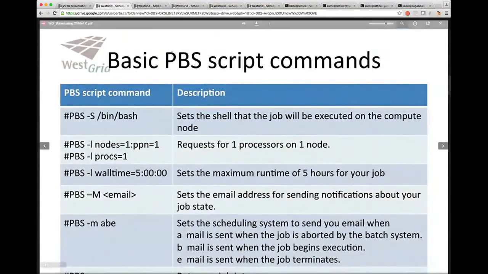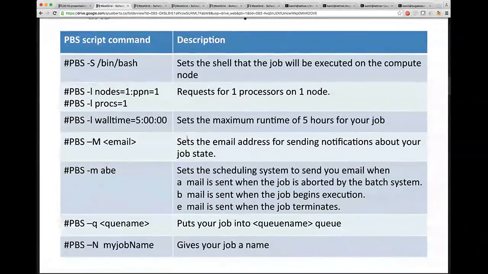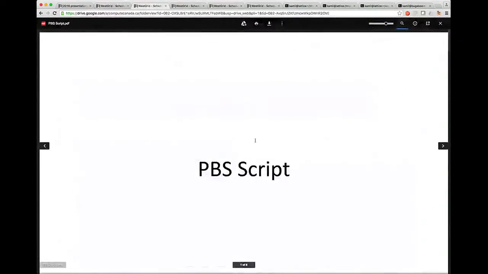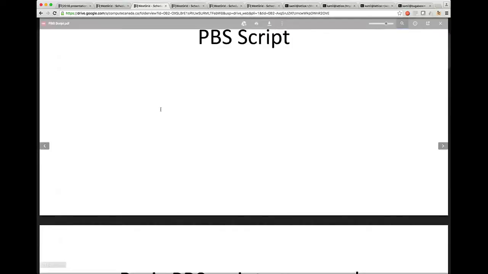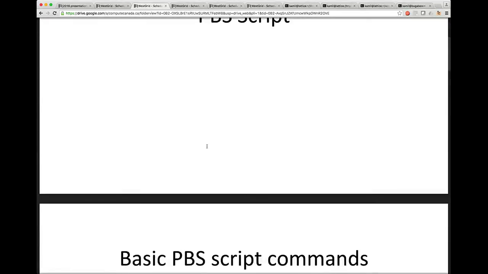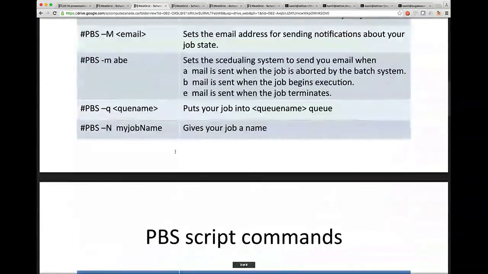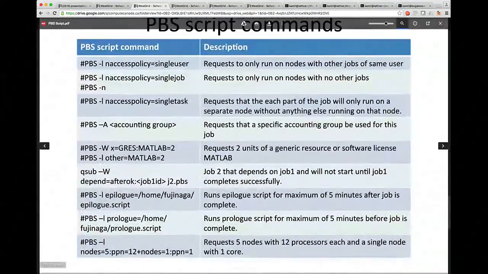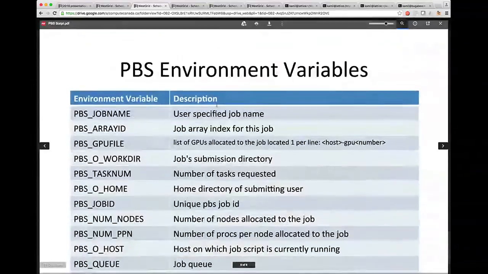So basically, there's a table of all these things that we went through. This is the same one as you have in your PBS script file, so I've set it up as a separate resource. You could go through here, and it goes on and on about different PBS scripting commands and environment variables.